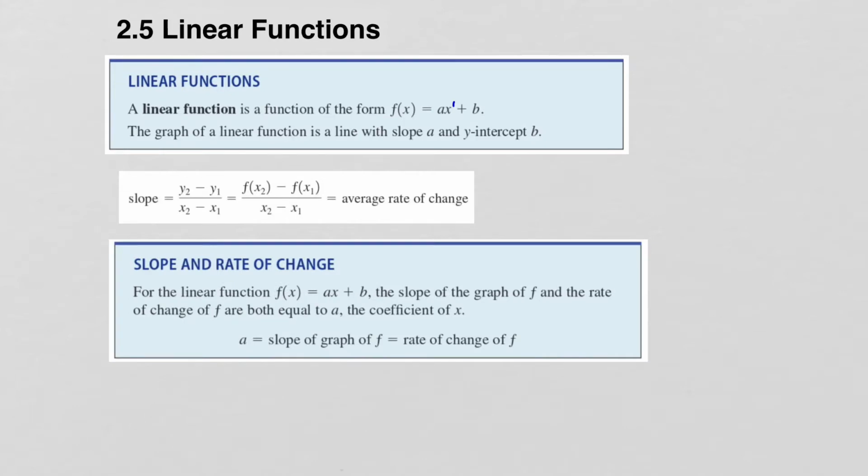So to briefly summarize, a linear function f of x equals ax plus b has a slope and a rate of change, which are both equal to a, and that number a is a constant, and it's the coefficient of x. Let's take a look at how to graph a linear function.